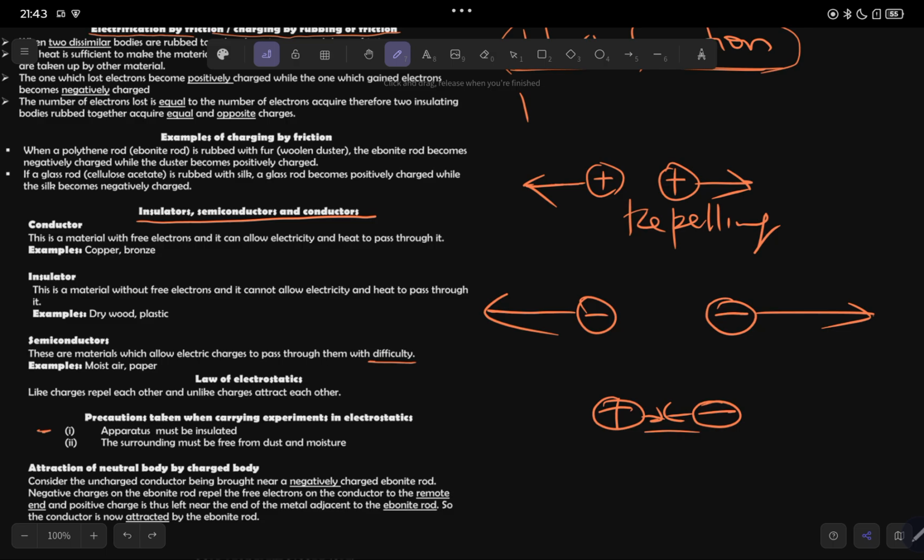Or even when you place them on the ground without an insulator, the ground can easily conduct away the charge. And therefore, we need to use that. Then the surrounding air must be free from dust and moisture, because these aid the leakage of charge from the surface of materials. We shall be looking more at charge leakage when we reach corona discharge later.